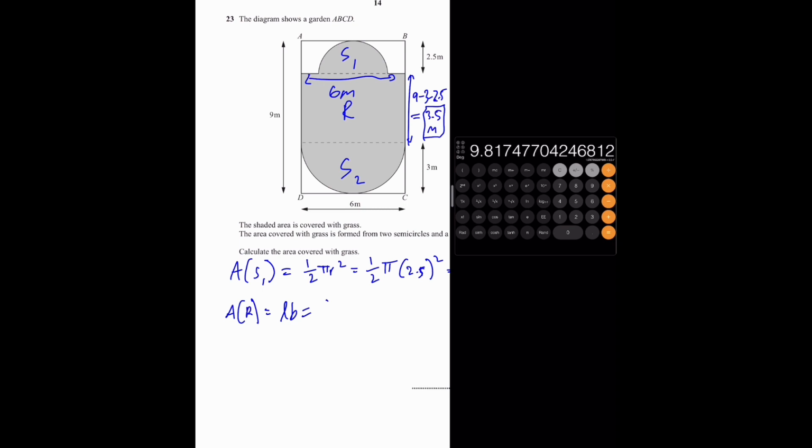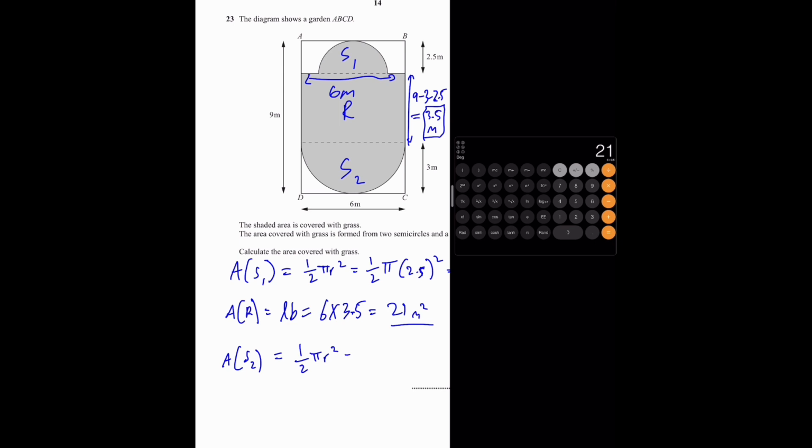And now we can do that as 6 into 3.5 as length into breadth. That's equal to, let's do it on a calculator, 21 meters squared.